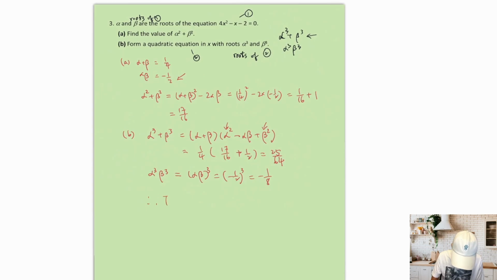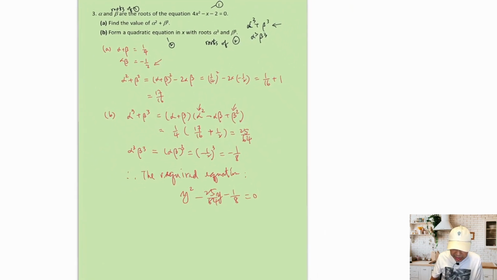So the required quadratic equation is y squared minus 25 over 64 y minus 1 over 8 is equal to 0. Multiply by 64: 64y squared minus 25y minus 8 is equal to 0. At last we change back to x. Okay, finished.